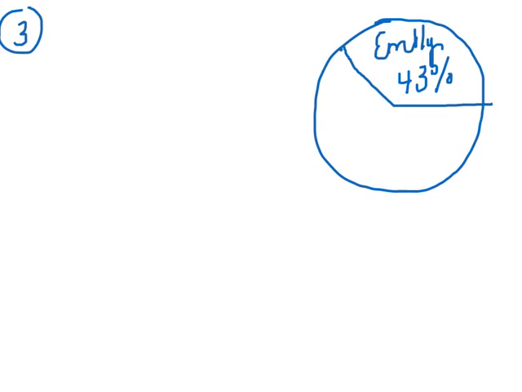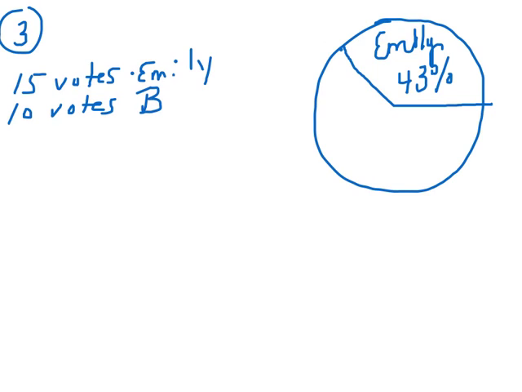And so we look at what they told us. Emily received 15 votes. Brianna received 10 votes. Dana received 6 votes. And Jill received 4 votes.